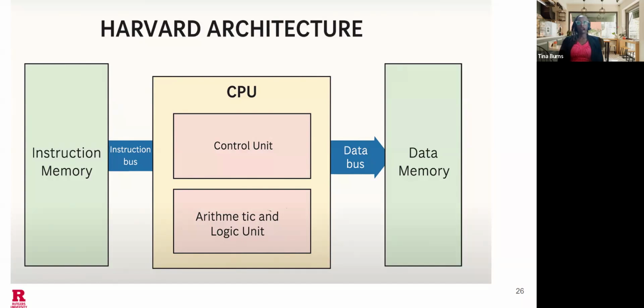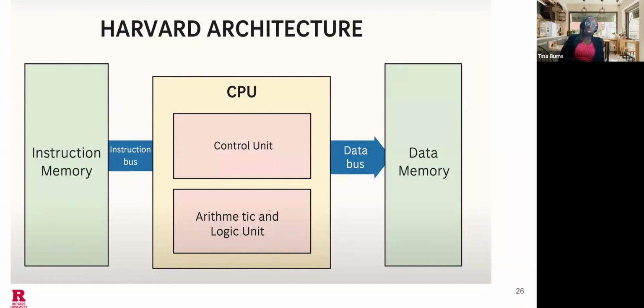I can also improve this by adding additional hardware. If I think about this Harvard model and I add an additional memory bus for the instructions and the data, then I can reduce some of those control hazards that I might see with the instruction pipelining.